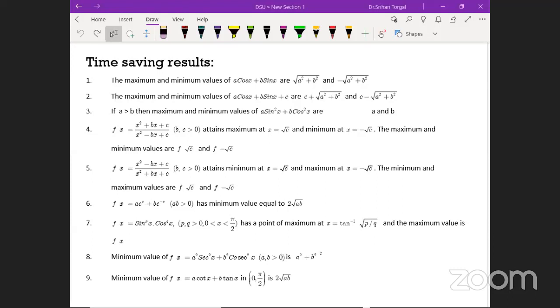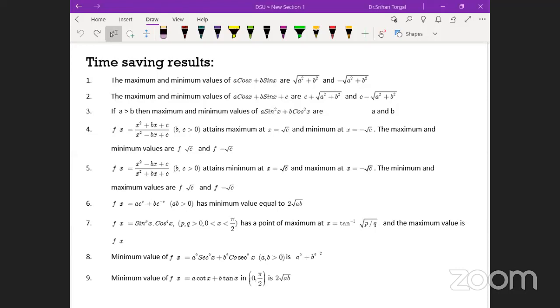We'll start with the application of derivatives 2 today. That is maxima, minima problems, and also approximation. The problems on approximations we will discuss, right?